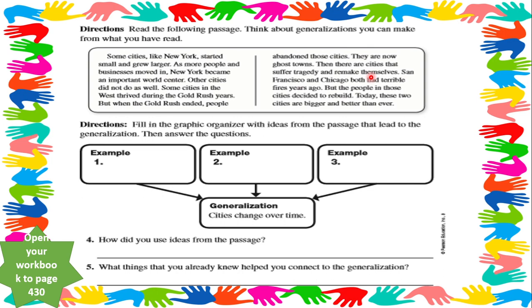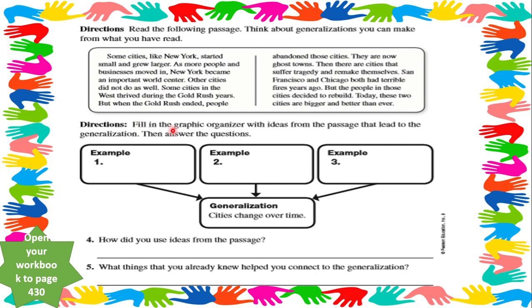So they had really bad fires years ago. But the people in those cities decided to rebuild. They had the strength, the determination to rebuild. Okay? They said, no, we're gonna rebuild those cities. Today, these two cities are bigger and better than ever. Now, San Francisco and Chicago are bigger and better than ever.